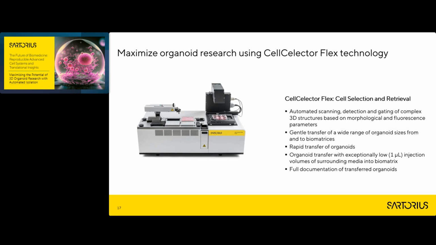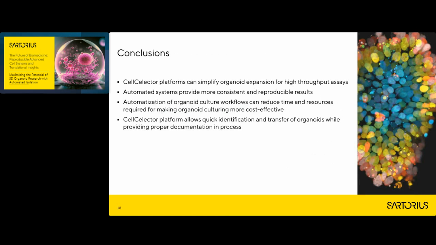And once we have completed the whole process, we have the possibility to extract a full report for documentation purposes. In conclusion, the Cell Selector platform can simplify organoid expansion for high throughput assays.